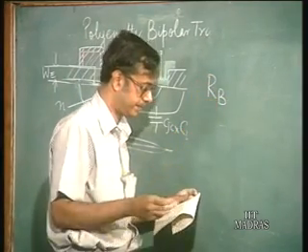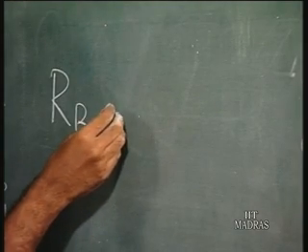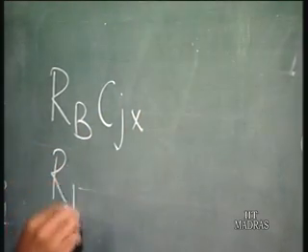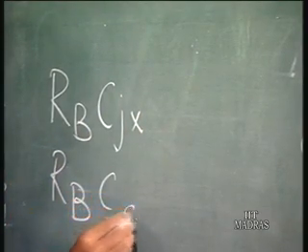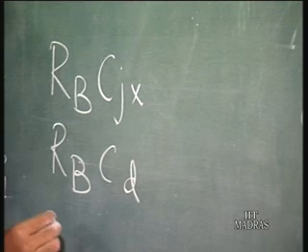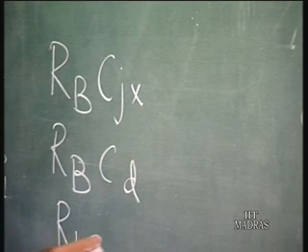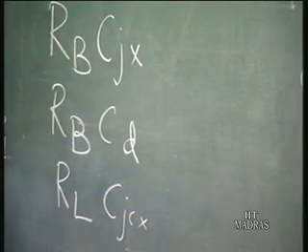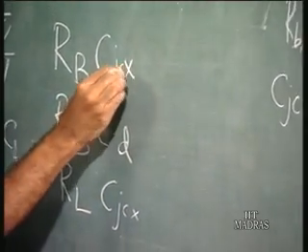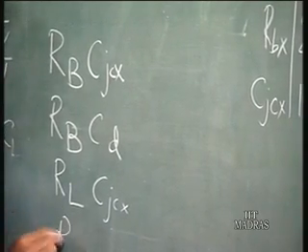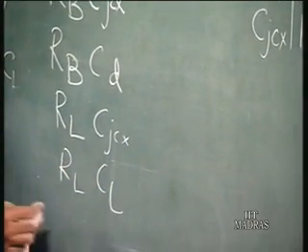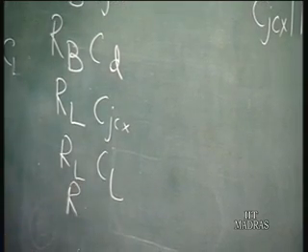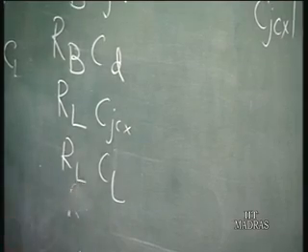RB, CJ, X, RB, CD, RL, CJ, CX, this is CJ, CX also, RL, CL, then of course RB, RB CD is already there, then of course tau f.